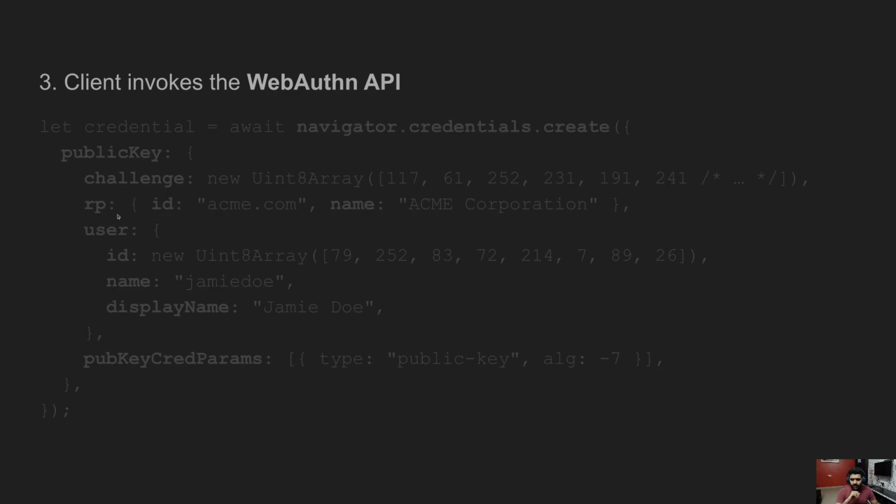Then the details of the relying party like ID and name, the details of the user, the ID of the user, then the name of the user, display name, these things, and then public key credential parameters. This will be the supported algorithms. And you can see most of the data is in the form of integer arrays, like byte arrays.